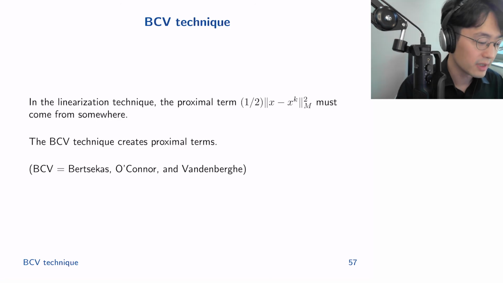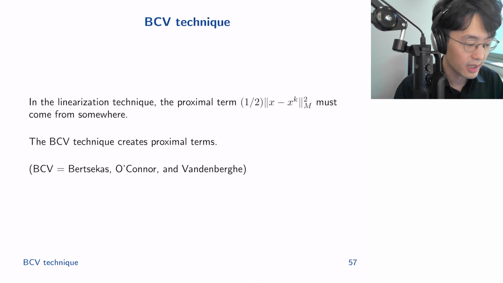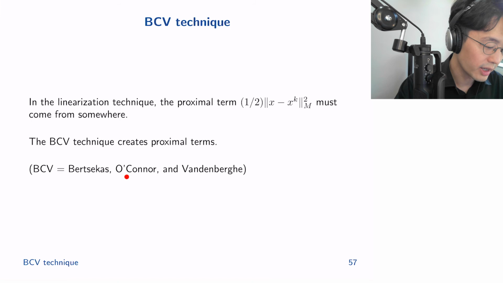The name BCV is the abbreviation of the names of the three authors: Bertsekas, O'Connor, and Vandenberghe. This technique was originally presented by O'Connor and Vandenberghe in what I refer to as the primal form in their paper, and essentially concurrently was also presented by Bertsekas in his book in what I refer to as the dual form.